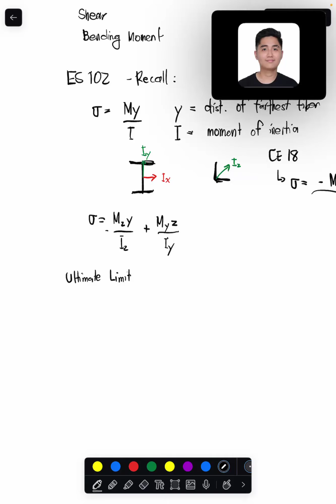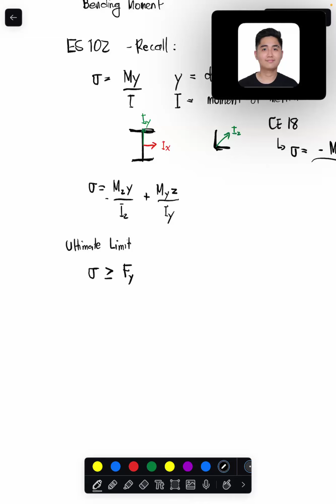And one of the indicators is whether itong stress na to exceeds yung yield stress. Pag yan exceed, supposedly na-exceed na niya yung yielding and the beam actually experiences non-linear action. So ito supposedly yung yielding limit. So sorry, dapat less than to.